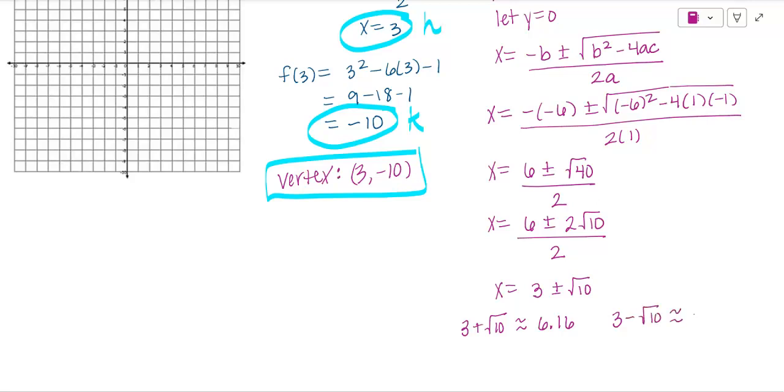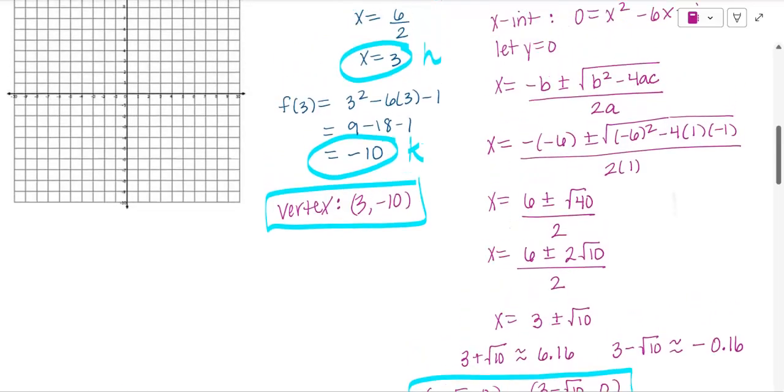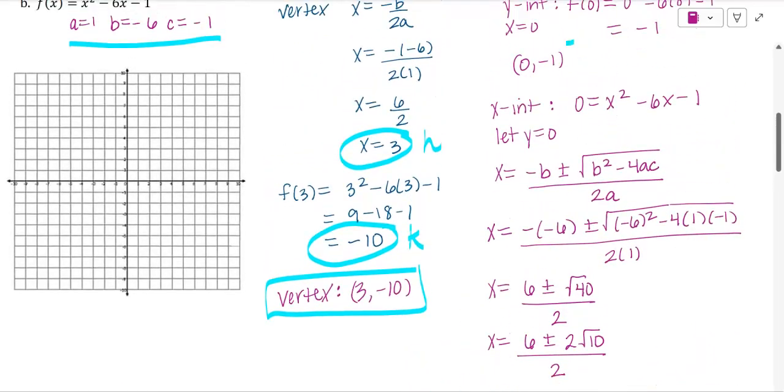And we're getting approximately negative 0.16. So our x-intercepts here are 3 plus root 10 comma 0 and 3 minus root 10 comma 0. So these are our x-intercepts. And then our y-intercept was up here.